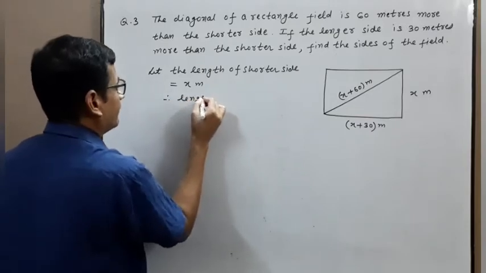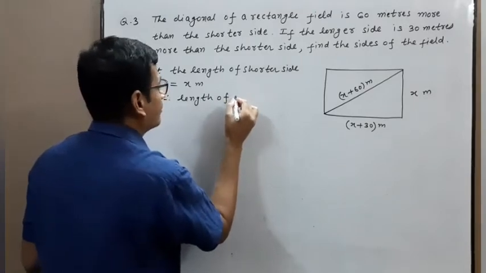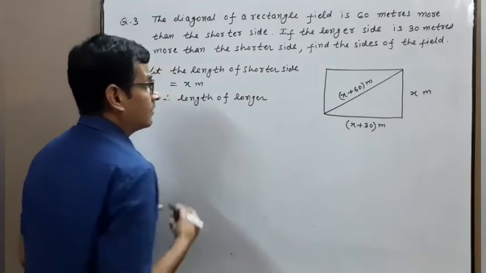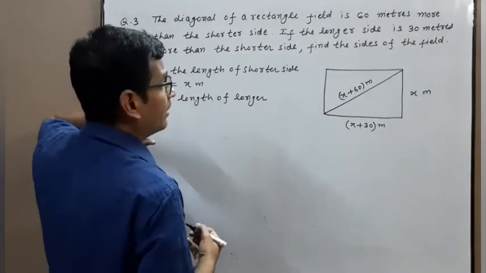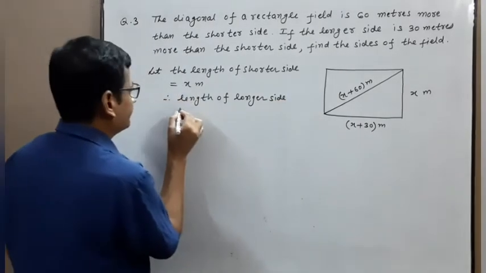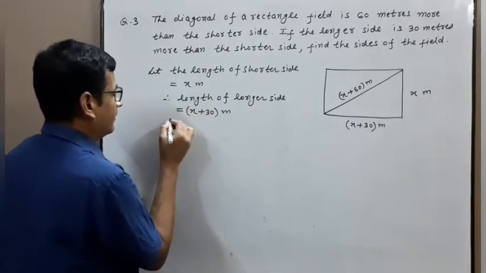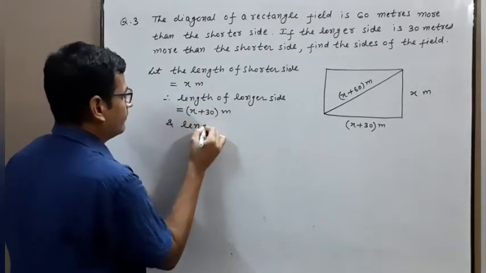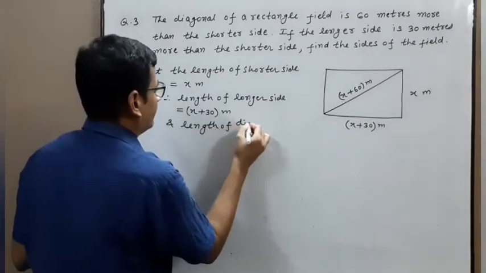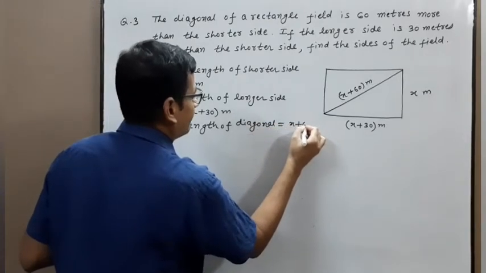Therefore, length of longer side is equal to x plus 30 meter and length of diagonal is equal to x plus 60 meter.